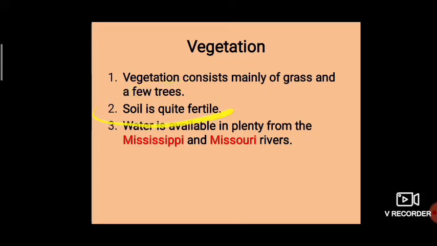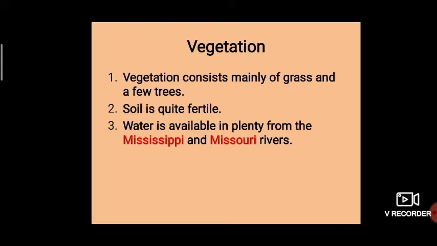Now, why is the soil fertile? There is one reason. That reason is these two rivers, Mississippi and Missouri. These two rivers are the reason why the soil is fertile in prairies. Water is available in plenty from the rivers Mississippi and Missouri.